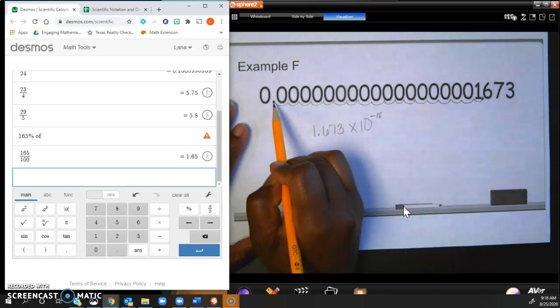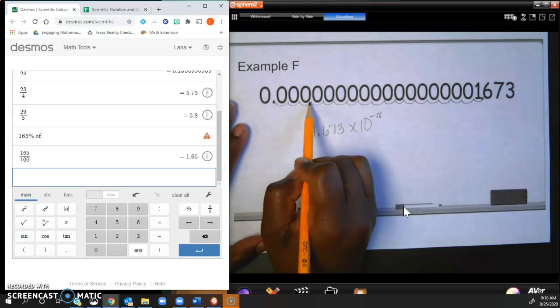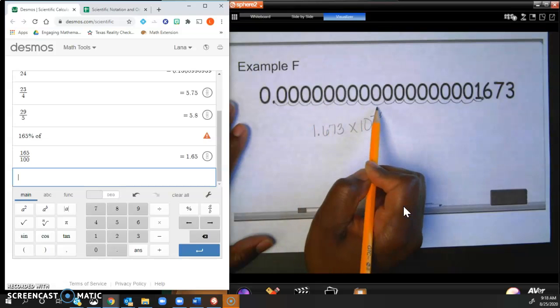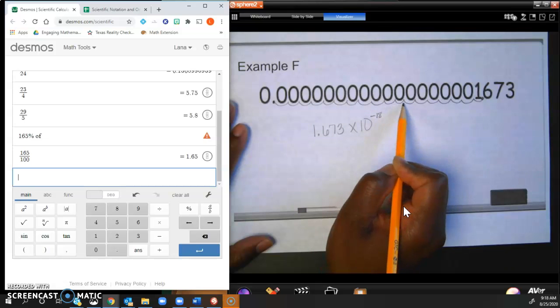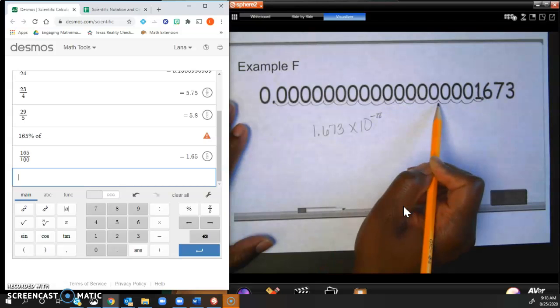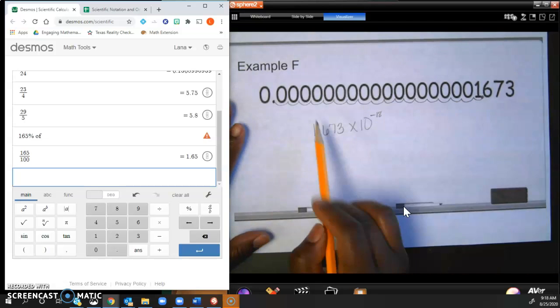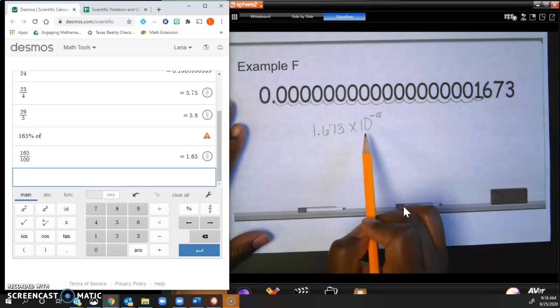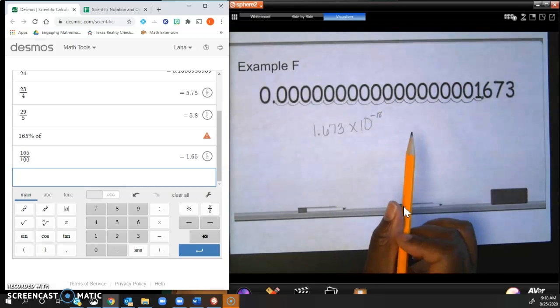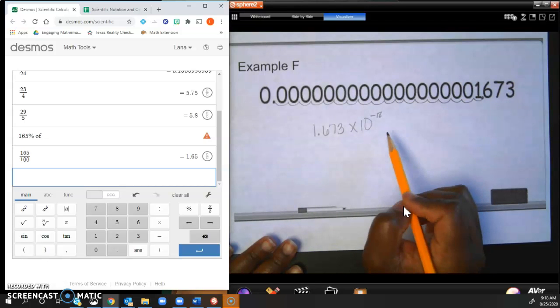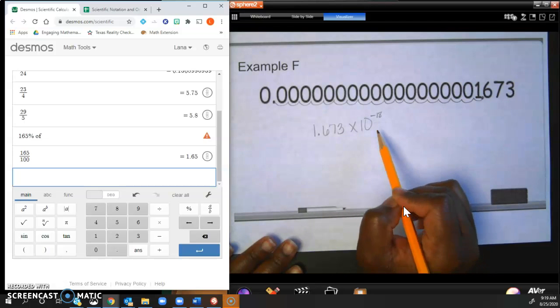I believe it was 18. Let's double check. 1, 2, 3, 4, 5, 6, 7, 8, 9, 10, 11, 12, 13, 14, 15, 16, 17, 18. So in scientific notation, it's to the negative 18th power. Remember that since your number is really small, your exponent is negative.